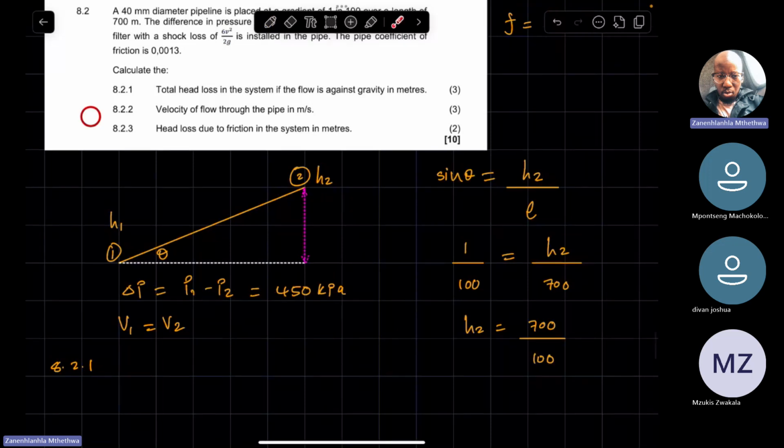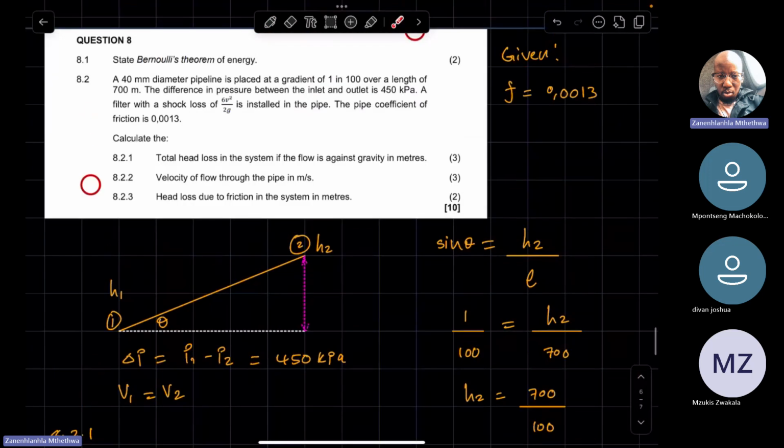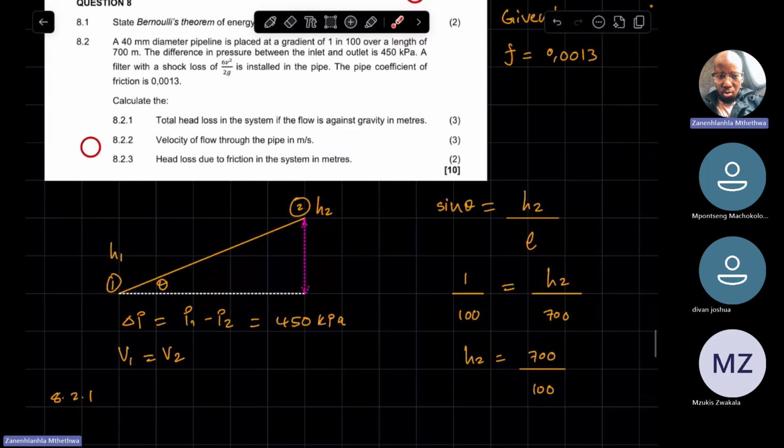We already knew that the flow is against gravity. The fact that the pipe is inclined means that the flow is against gravity. Also, the change in pressure suggested that the flow is against gravity. So the flow flowing from here in that direction means that it is against gravity, but we had already established that based on the given information.